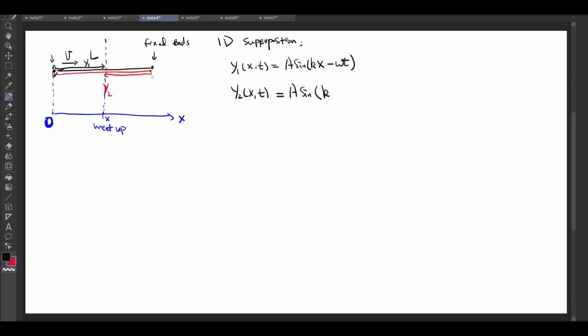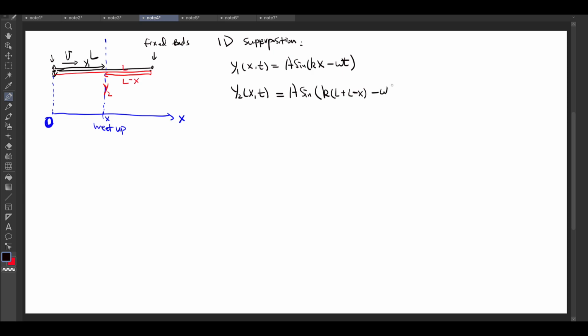So this portion here is L minus x, and the path before you arrive at the other end is L. So the total distance traveled or propagated by the wave is L plus L minus x.